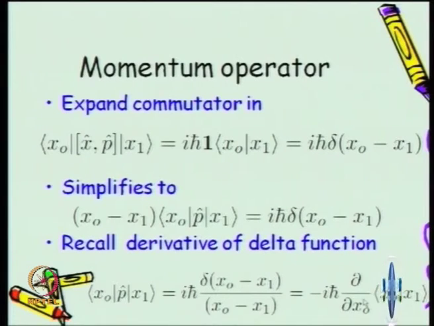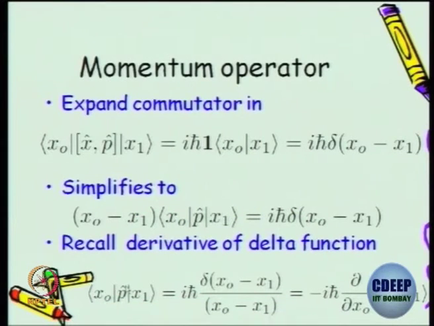So now from here, what is the meaning of this left hand side to the extreme right hand side? The momentum operator can be given a representation in the position basis as a differential operator. So I can put this momentum operator as minus iħ ∂/∂x operator, and the ∂/∂x operator, when it hits x0, will give you ∂/∂x0.